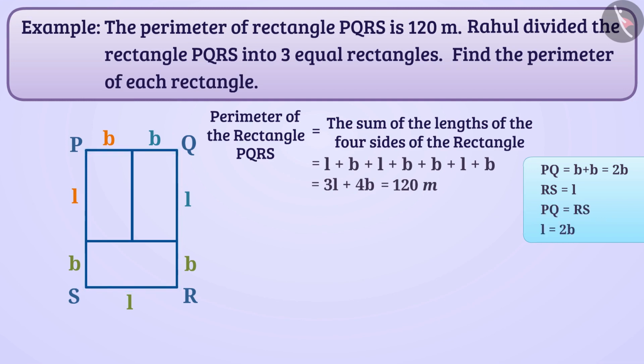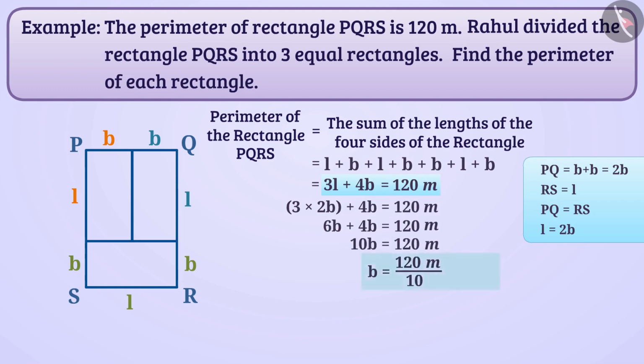Now we can write 3L plus 4B is equal to 120 meters as 3 multiplied by 2B plus 4B is equal to 120 meters. By simplifying this, the value of B will be 12 meters. Since L is equal to 2B, L is equal to 2 multiplied by 12 meters. So, we get the value of L as 24 meters.